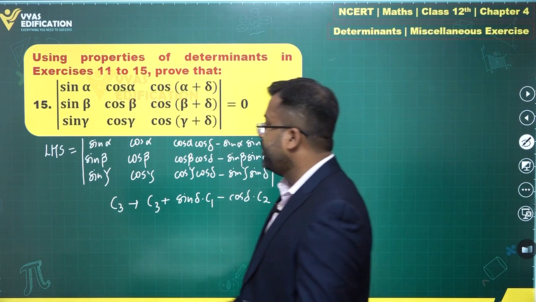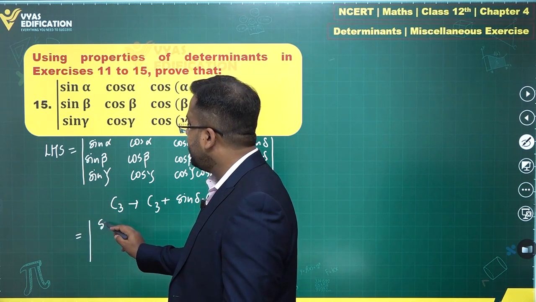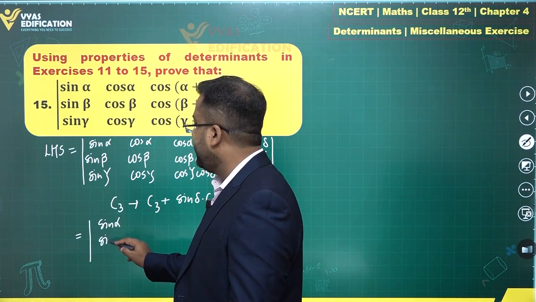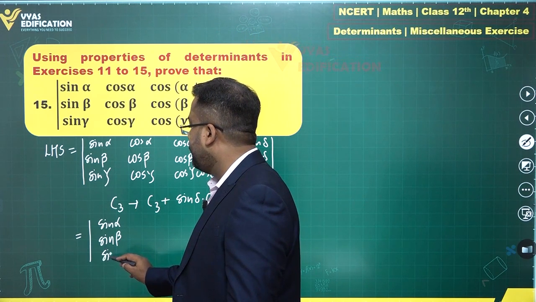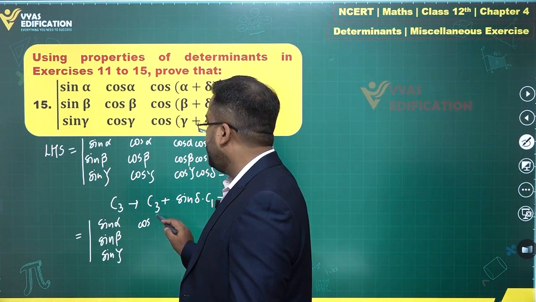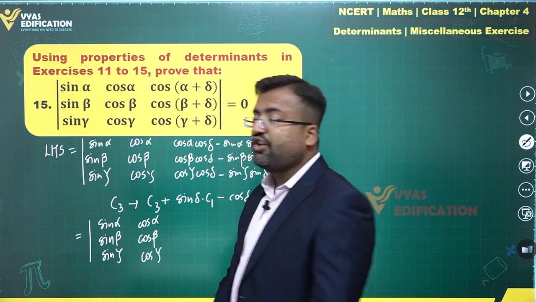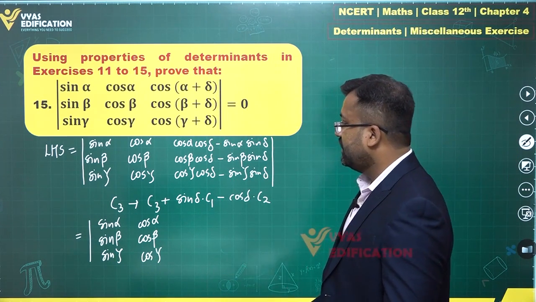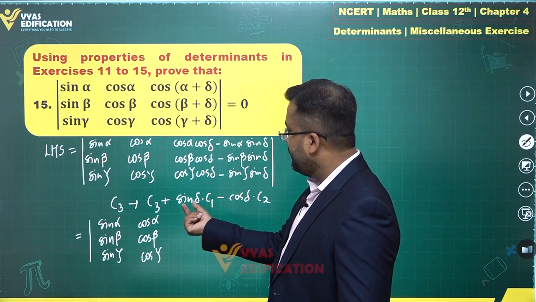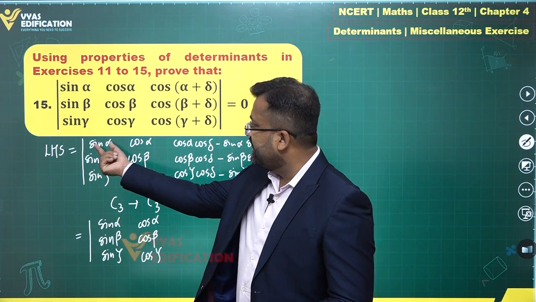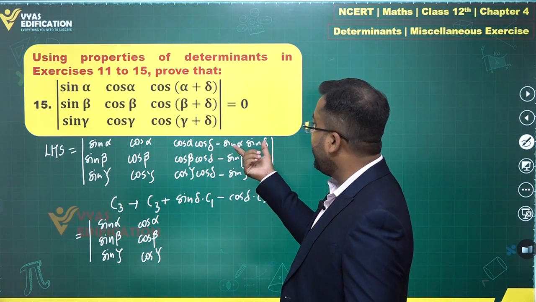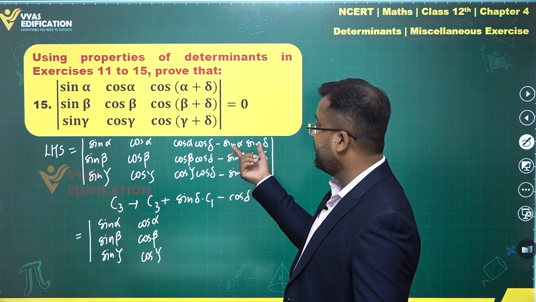The moment you do this, this sin alpha, sin beta, sin gamma will remain as it is. Cos alpha, cos beta, cos gamma, the second column will remain as it is. But what about the third column? Let's observe. This plus sin delta times this, sin delta, sin alpha, add over here, this term will get cancelled.